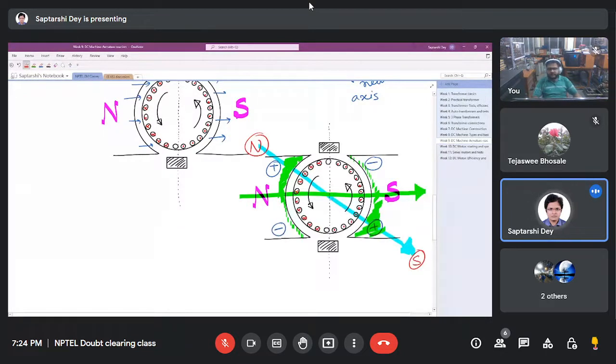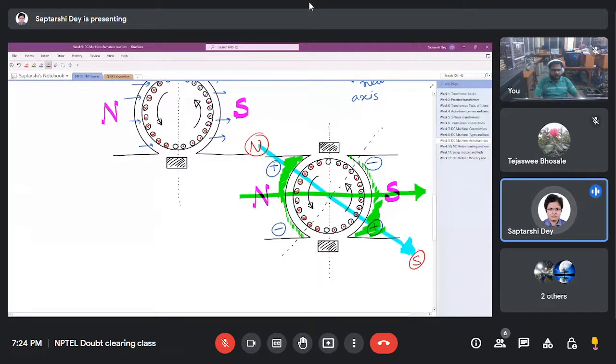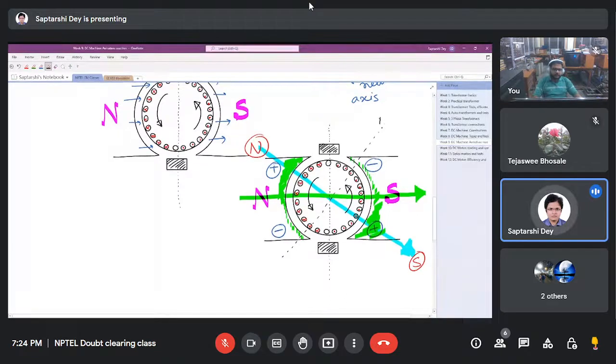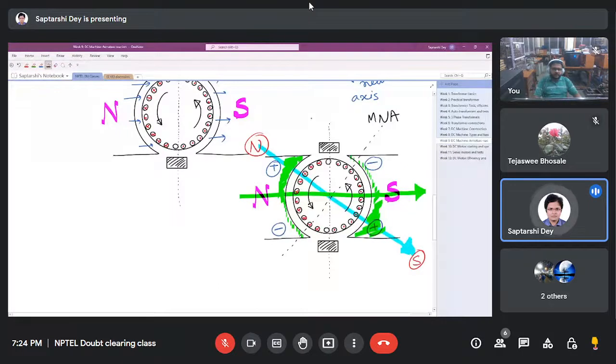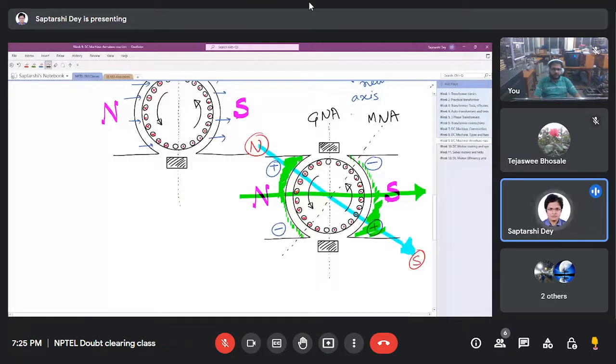And the axis which is perpendicular to this flux, although I'm exaggerating, the shift might not be this large, is MNA. And GNA, geometric neutral axis, that is defined from the geometry of the machine, that cannot shift. So you see, under armature reaction, the magnetic neutral axis shifts from the geometric neutral axis by some angle theta.